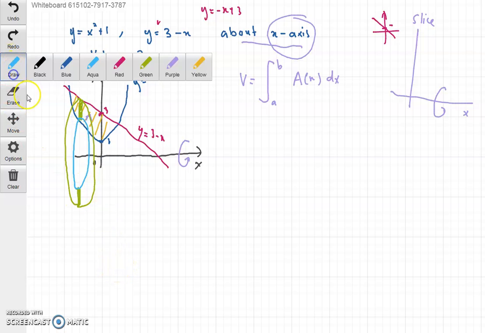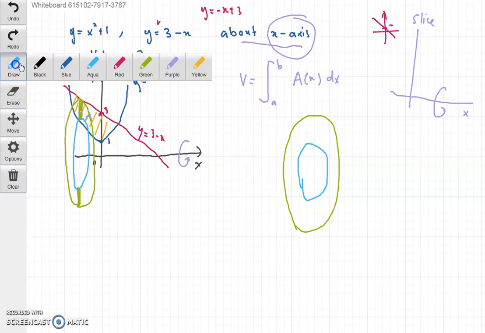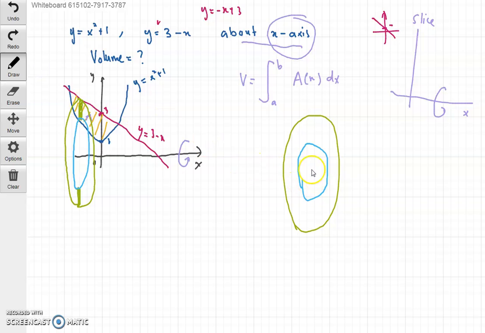So now let us try to extract the circles that we have. So we have a big circle, something like this. Although it's something like an ellipse, you just pretend that you see a circle there. And you have a small circle on it, but both of them share the same center.